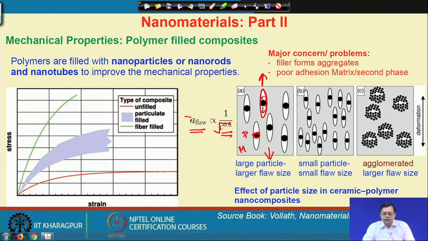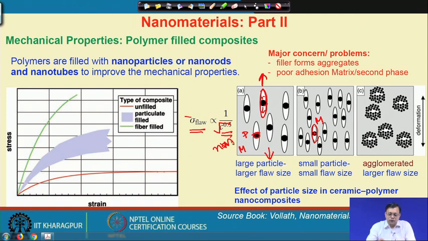Strength is inversely proportional to the root of the crack length. Now, if I think about a very small nanoparticle incorporated in a matrix, and there is delamination between the matrix and the particle, then the size of the crack is also in the range of a nanometer.